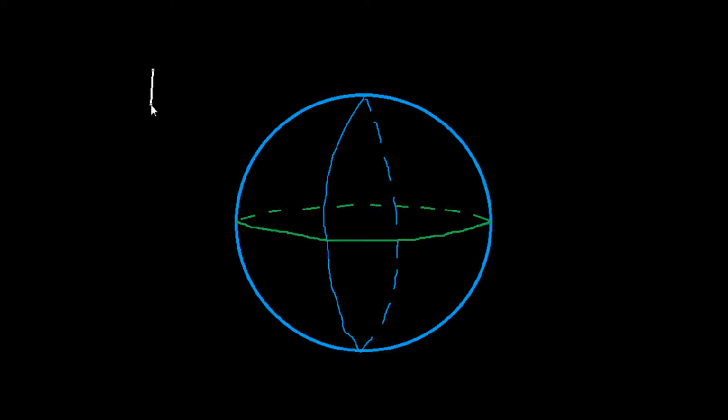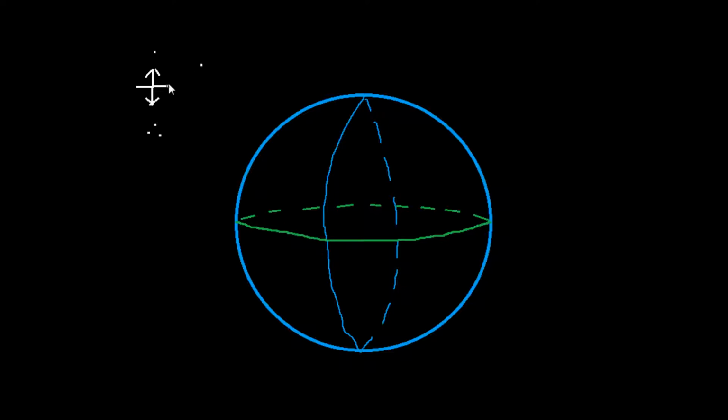which helps us determine where north is and where all the various directions are. So let's say that this is north. Let's say that this is south. And then we're going to do east and west like that.